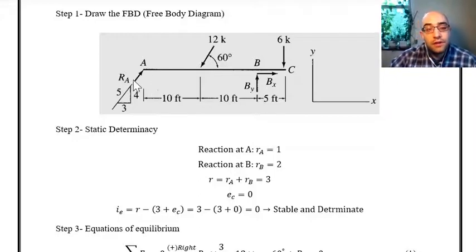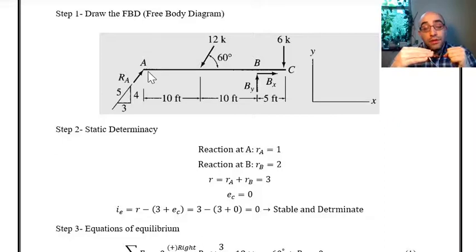So reaction RA does not create any moment about A. This 12 kip force has a horizontal component and a vertical component. The horizontal component will not create any moment because it is concurrent to the point; it exactly hits the point and there is no distance between the force and the point. So that does not create any moment.